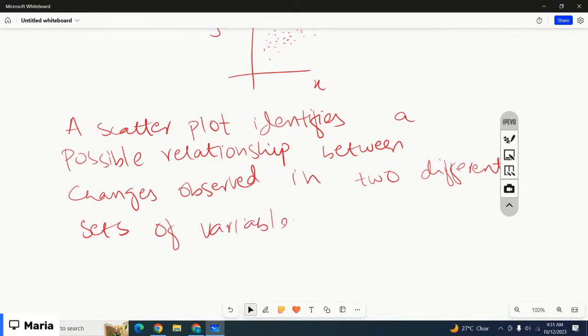That is the definition of the scatter plot. You can note down the definition. Okay, let's see the practice questions on A Plus, right?